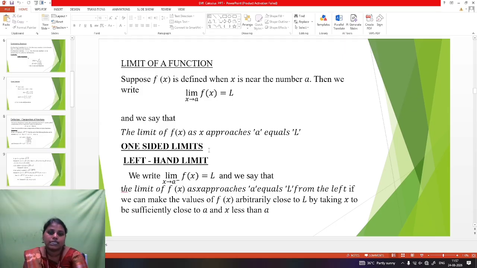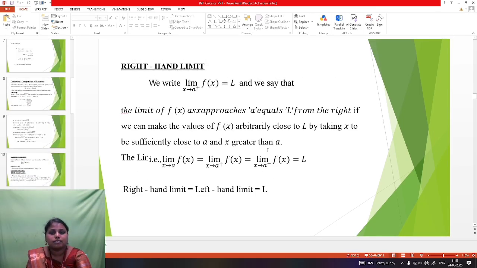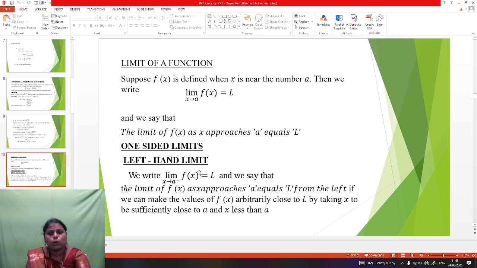One-sided limits. There are two sides: the first is the left side, the left-hand limit, and the second is the right side.